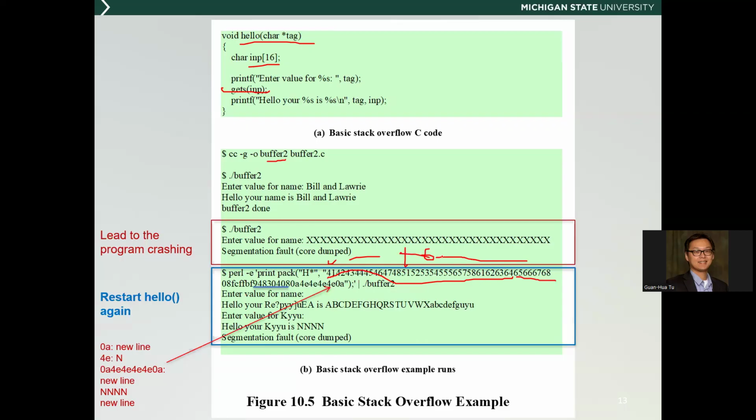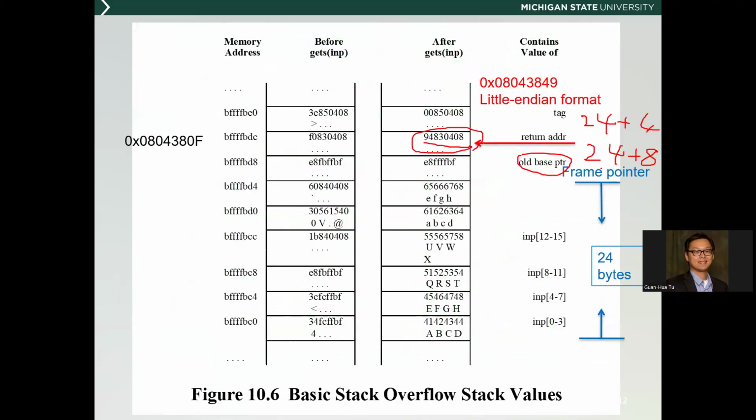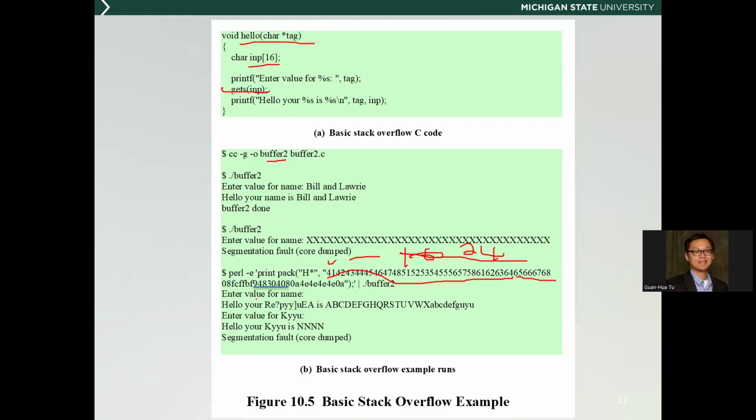Sorry, we provided 24 bytes of data here. The reason is we need to overwrite the old base pointer and the return address. Then we can overwrite the base pointer with this one, and the return address with this one.